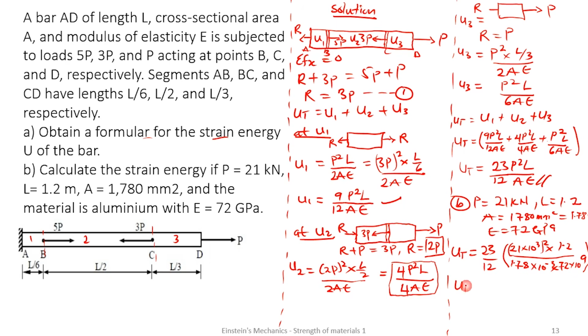Therefore, my UT total is going to give me 7.814. Since it's energy, I'm going to get it in joules.